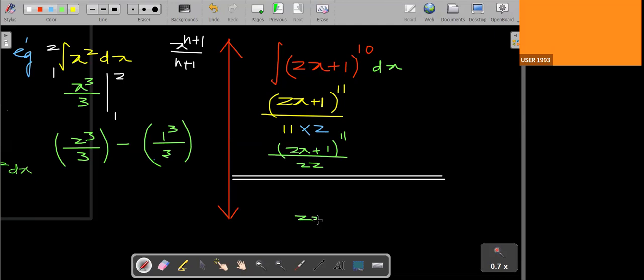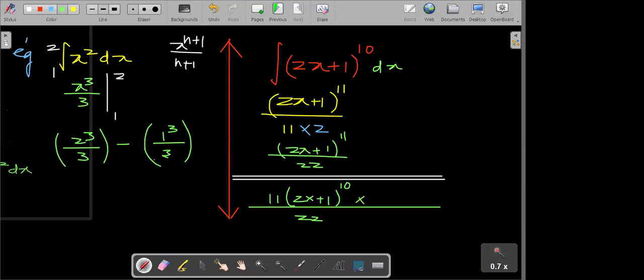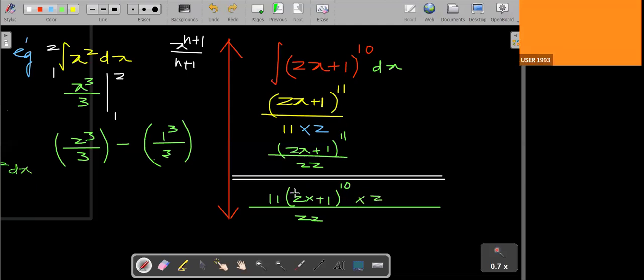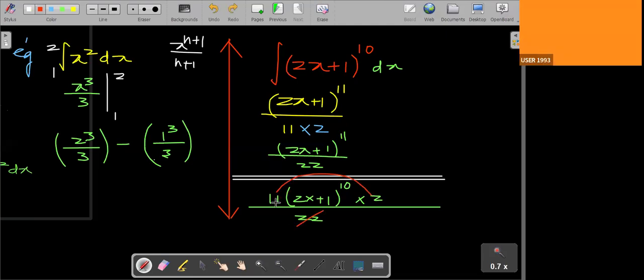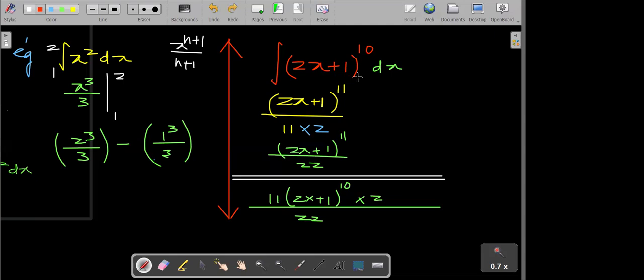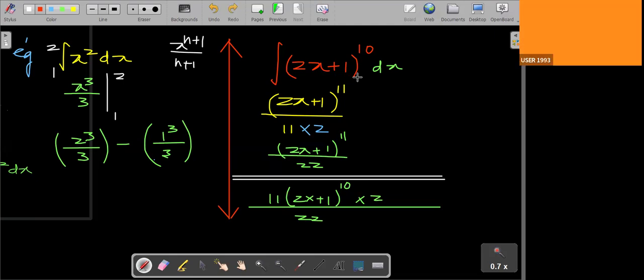The 22 is in the bottom, and we bring the 11 in front, then 2x plus 1 to the power 10, times 2. 11 times 2 is 22, which cancels with the bottom. So you end up with 2x plus 1 to the power 10. Is that okay? Please take a note of this one as well.